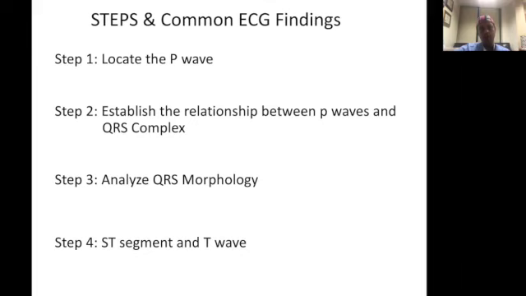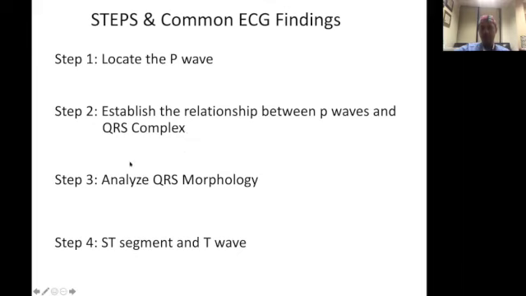Okay. So when I look at an EKG, I try to think about 4 steps. First thing is I want to locate the P wave, make sure that I have a P wave and look at the characteristics of the P wave. Then I look at the relationship between the P waves and the QRS complex.